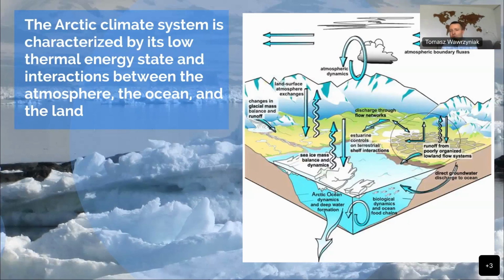And that's just one of the parts of the system that influences the climate, because there is also sea ice, which is strongly connected with air temperatures, and glacial mass balance, which is influenced by what's going on in the atmosphere.